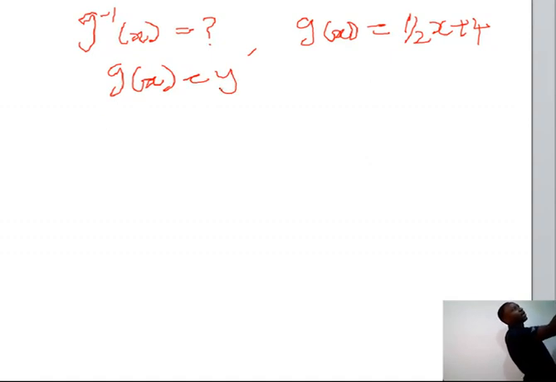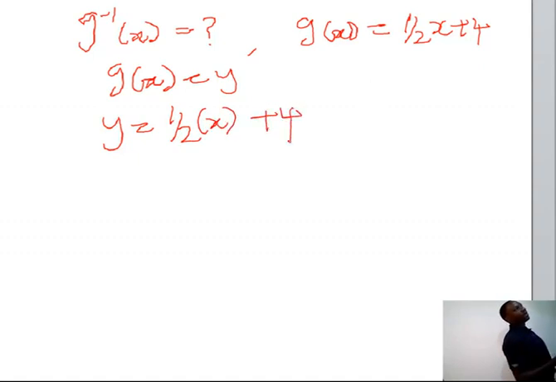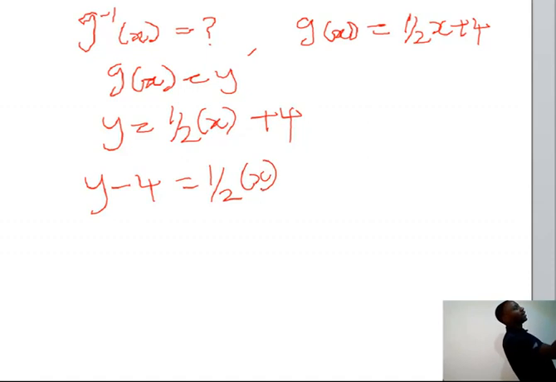So you are going to have y equals 1 over 2x plus 4. Then we make x the subject of the formula. So we are going to have y minus 4 equals 1 over 2x. In order to make x the subject of the formula, we have x equals 2 into y minus 4.